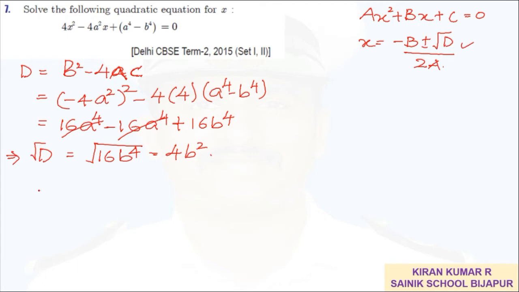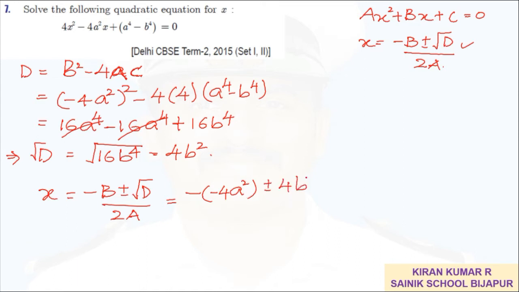Let me use the formula now. X is equal to minus b plus or minus root of d by 2a. Upon using the formula, it becomes negative of negative 4a square plus or minus 4b square divided by 2 times 4.